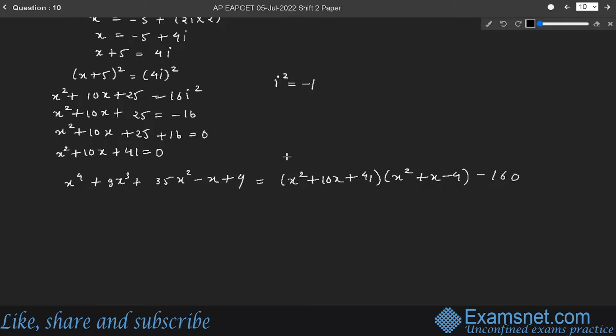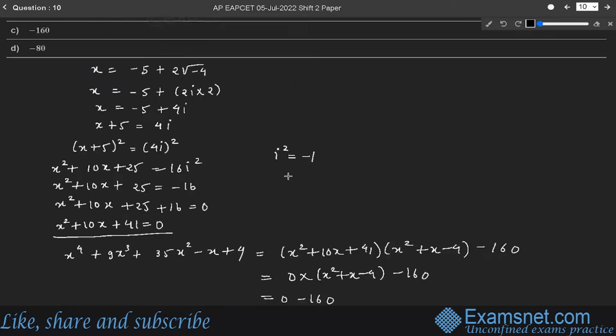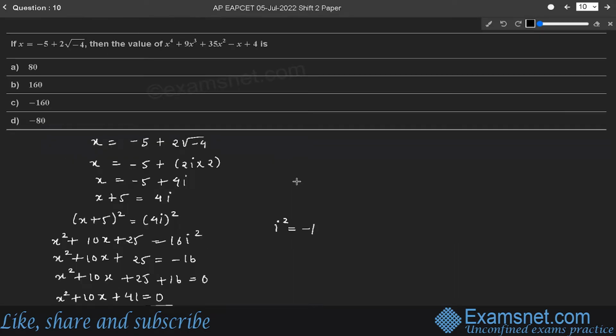You can see that the value of x square plus 10x plus 41 is 0. So it will be 0 into (x square plus x minus 4) minus 160. So it will be 0 minus 160, which is equal to minus 160. Therefore, the correct answer for this question is minus 160, which is option number C here.